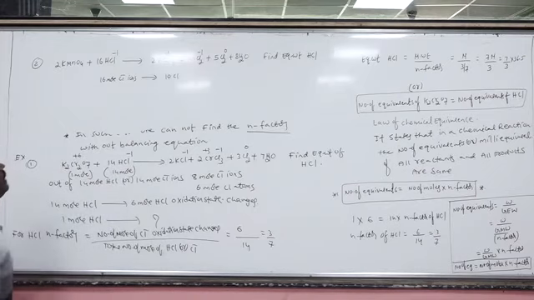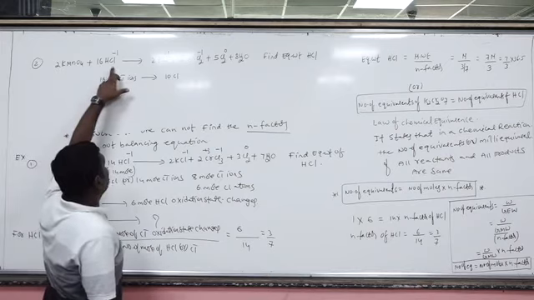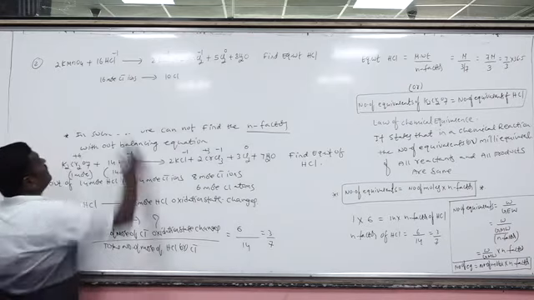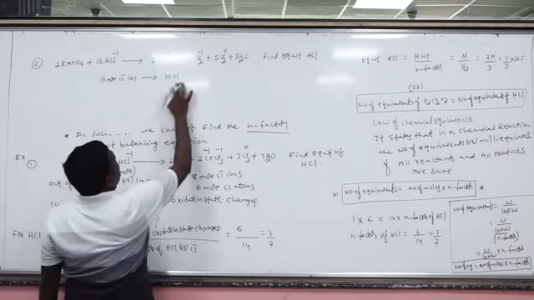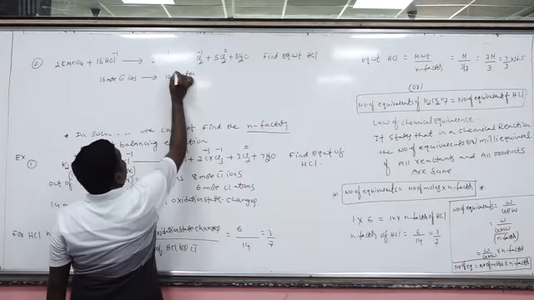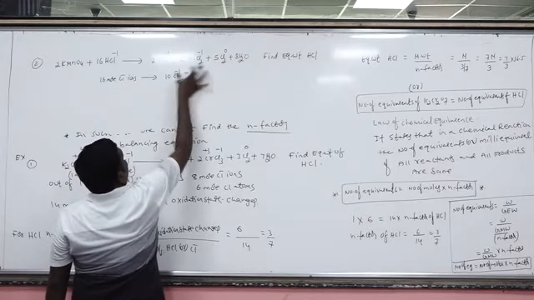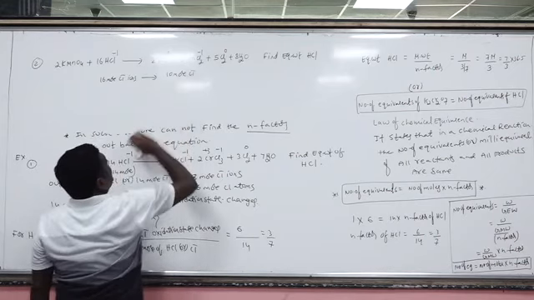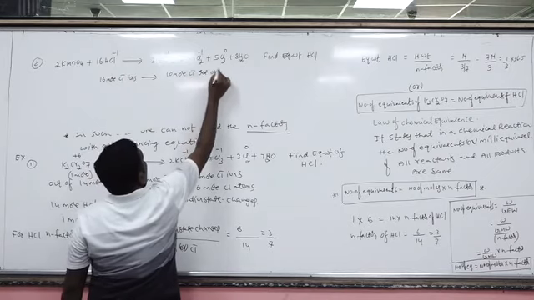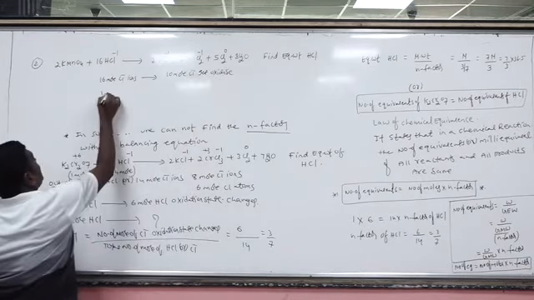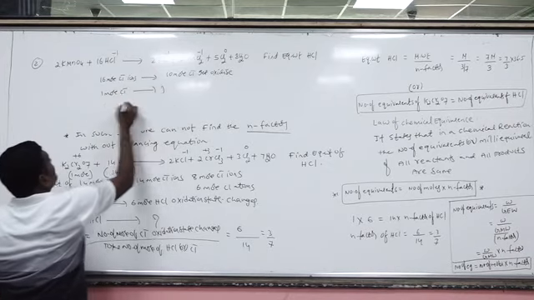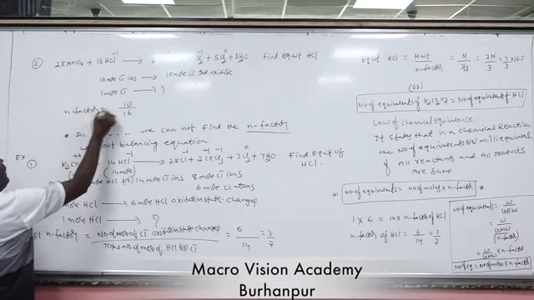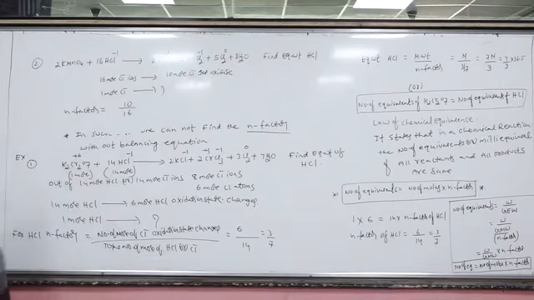So out of 16 moles of HCl, only 10 moles change their oxidation state. Are you getting my point? Only 10 moles of Cl minus get oxidized. So if you take 1 mole of Cl minus or HCl, 10 upon 16 will be the N factor.